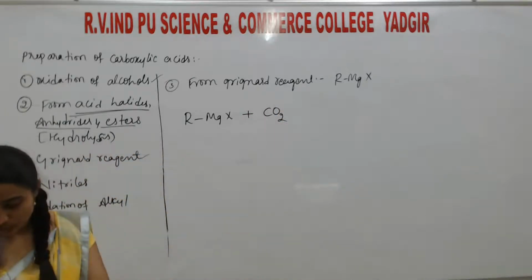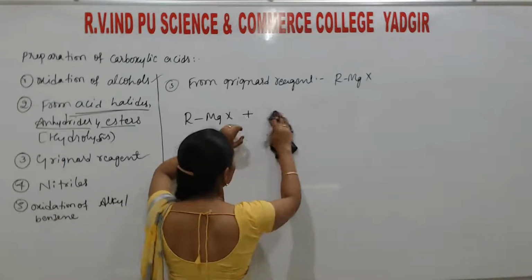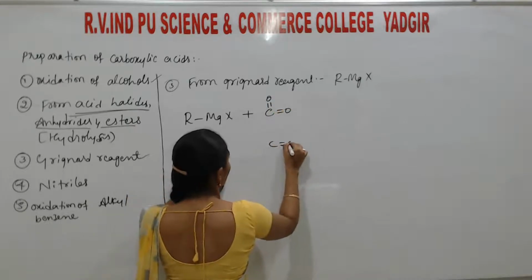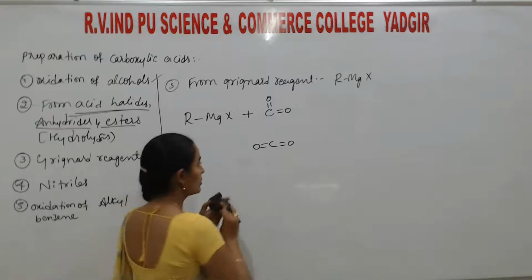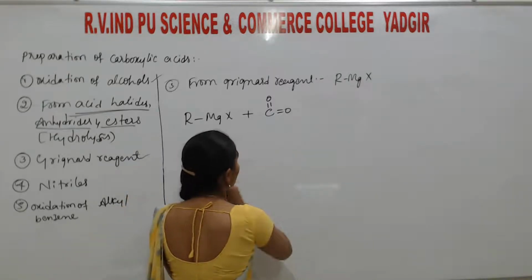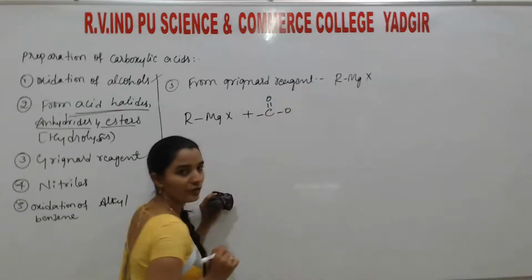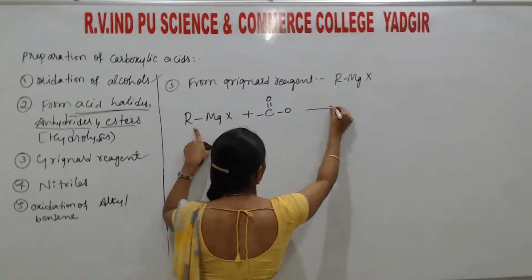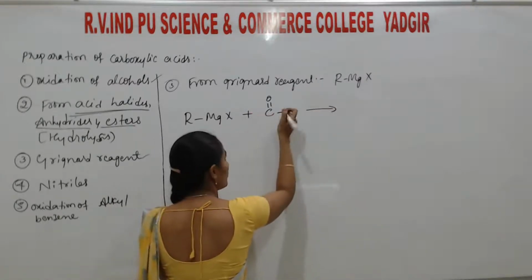Carbon dioxide is written as O=C=O; you know the carbon dioxide structure. What happens here? This bond will break and another bond will form. For convenience I am writing it like this, but don't write it this way; it is CO2 only.